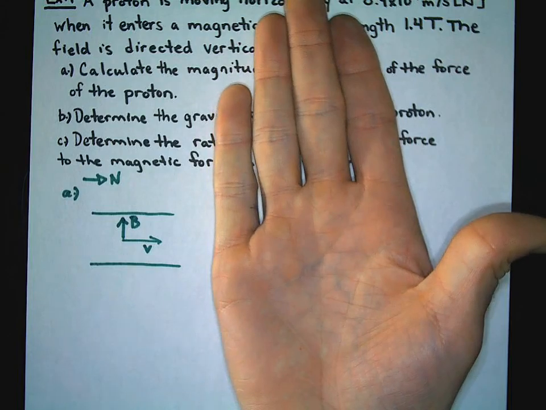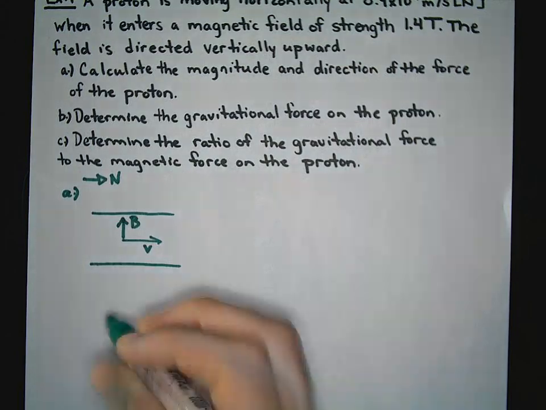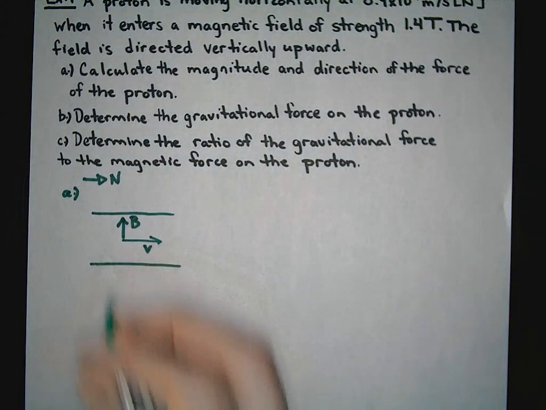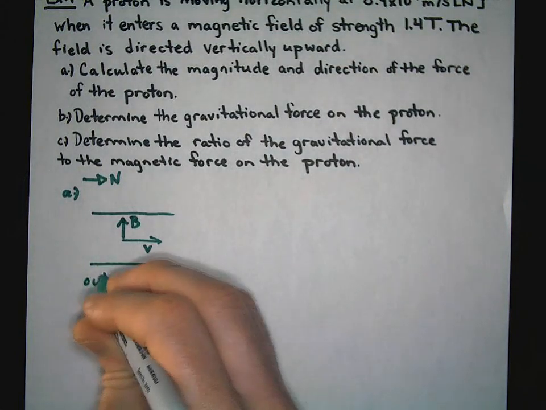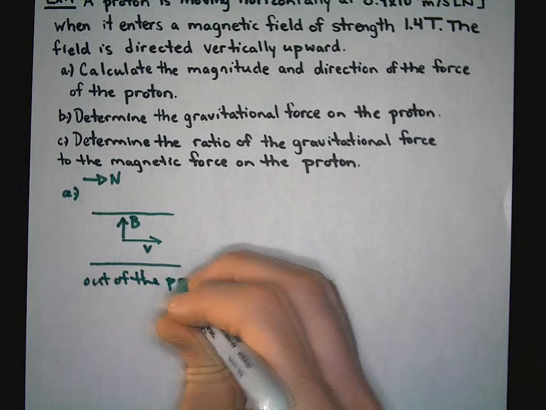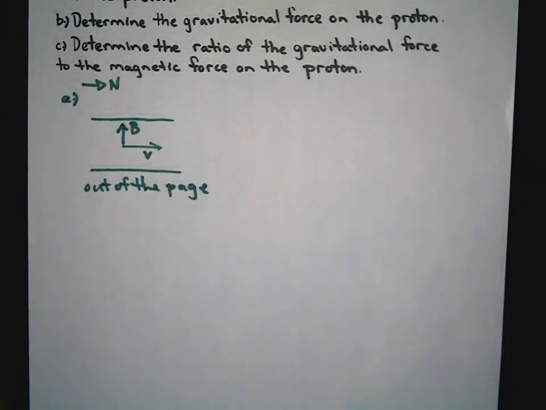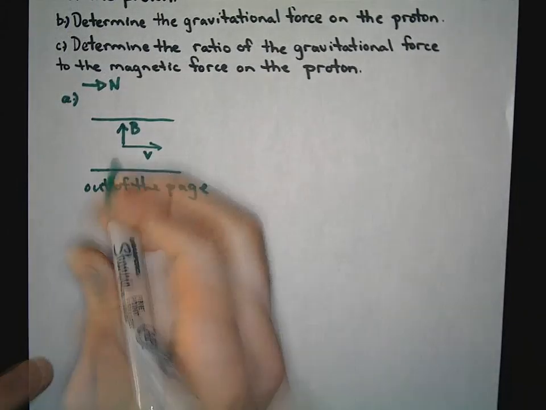So therefore, the direction of the magnetic force is coming out of the page. I'm just going to leave that as a note right now. Force is out of the page. Given in this question as well, so we're going to go to the actual magnitude now.